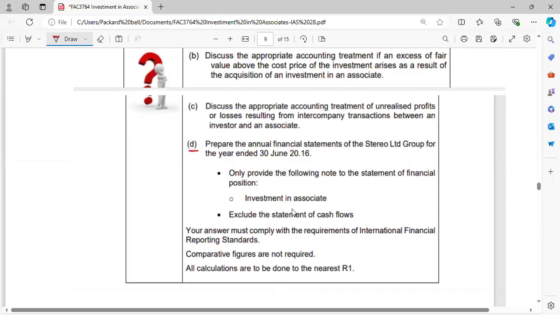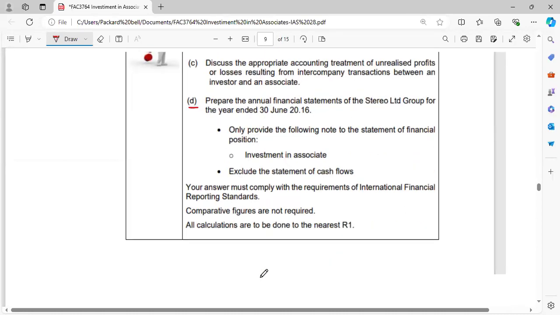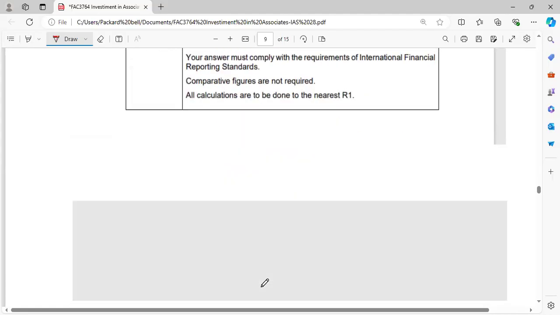Where do we start when we have this kind of question? I think we need to start with the initial recognition of the investment. Are we going to use the analysis here?